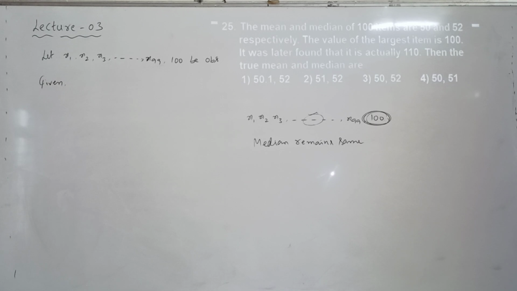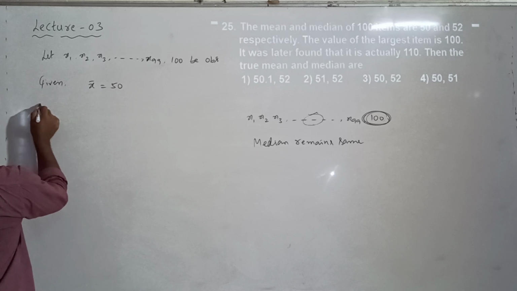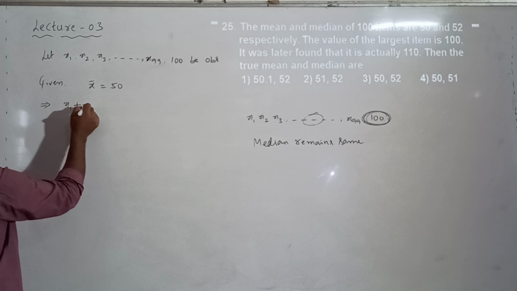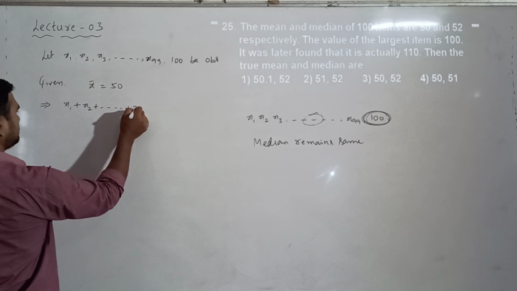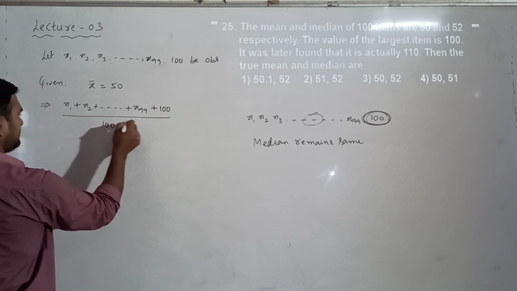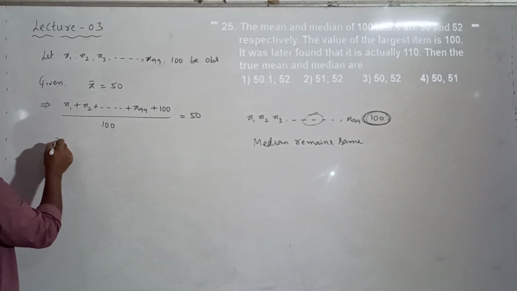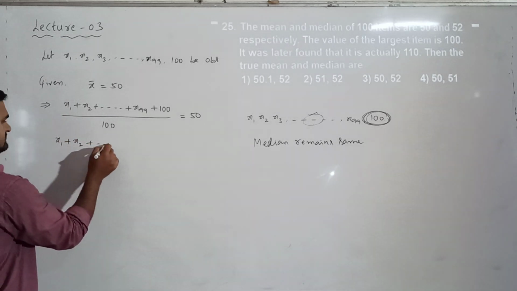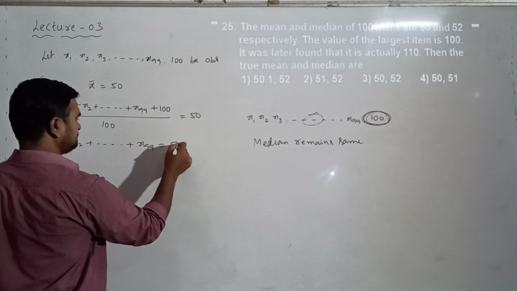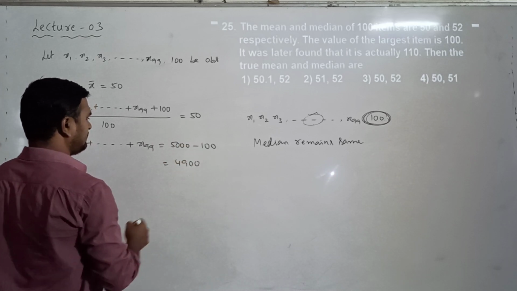Their mean is given as 50. So the formula is (x1 + x2 + ... + x99 + 100) divided by 100 is equal to 50. From this, x1 + x2 + ... + x99 is 5000 minus 100, which is 4900.